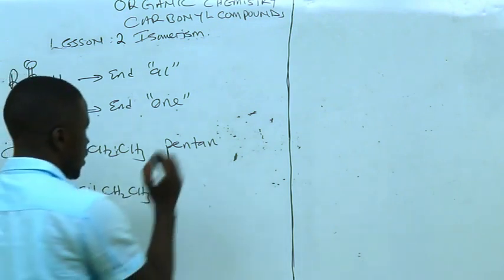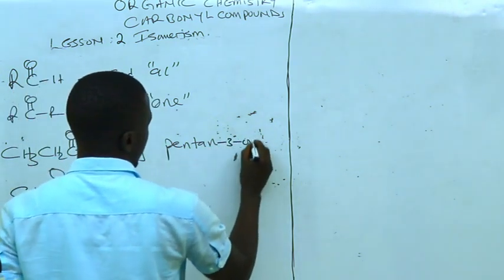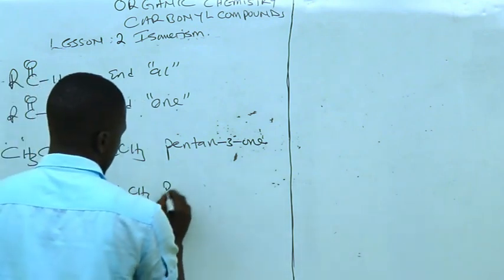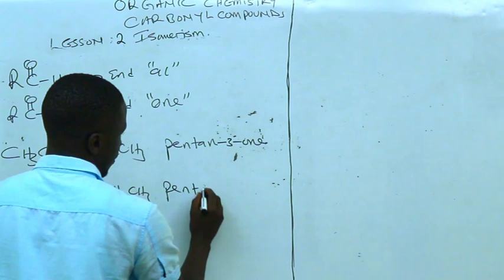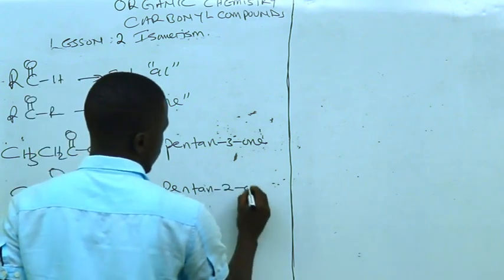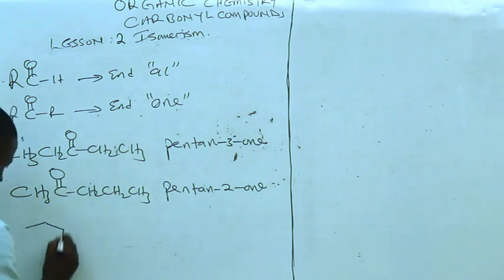Instead, we shall say pentan-3-one, and this one is pentan-2-one. So you find that this will go on as long as the number of carbon atoms is more than 4 within the carbon chain.